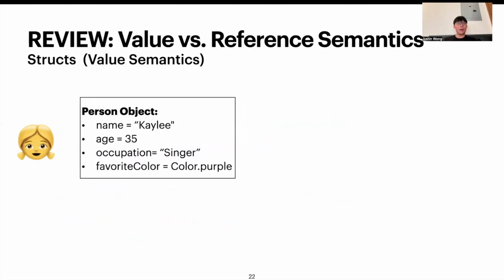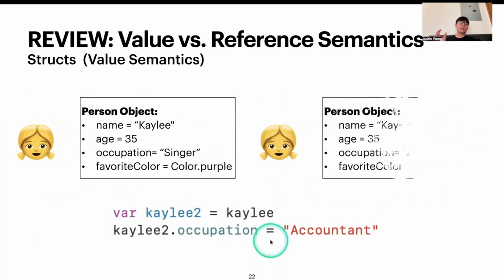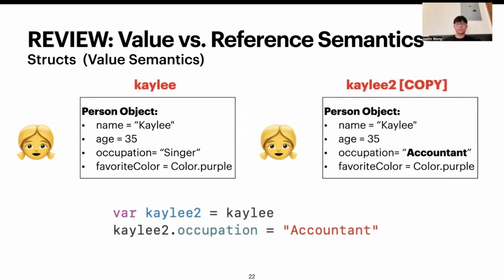So here's a way of visualizing the value versus reference semantics. Here we have structs, right? What we do, Kaylee 2 equals Kaylee, the data gets copied, and then we're mutating the occupation property on Kaylee 2.